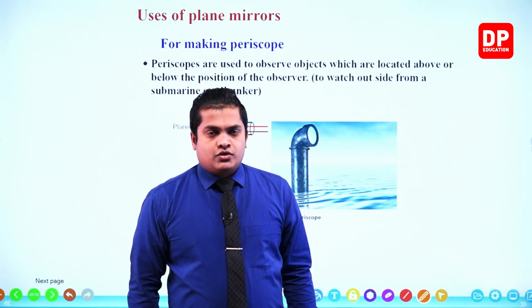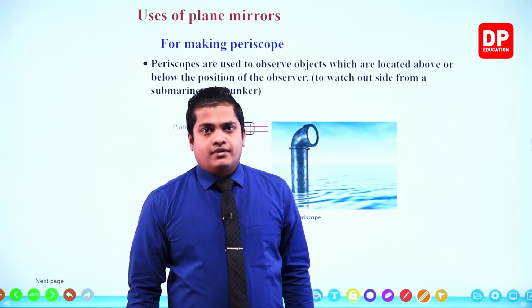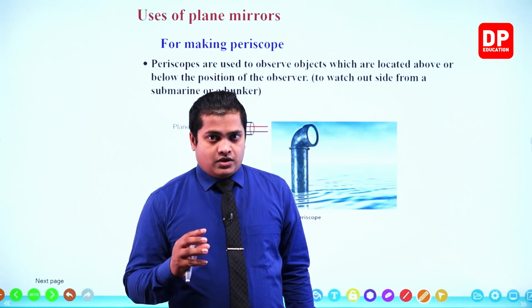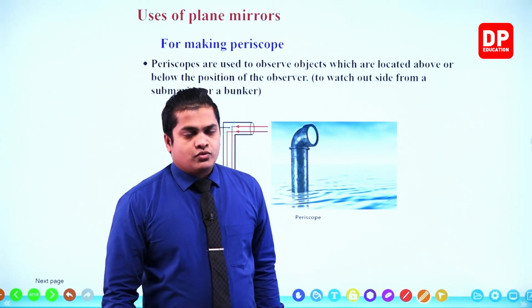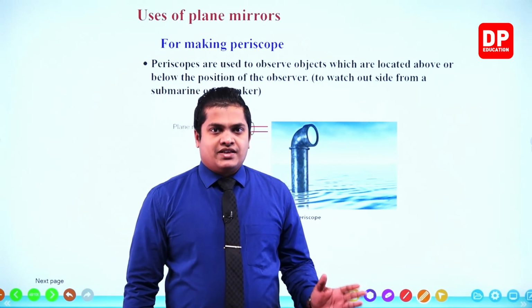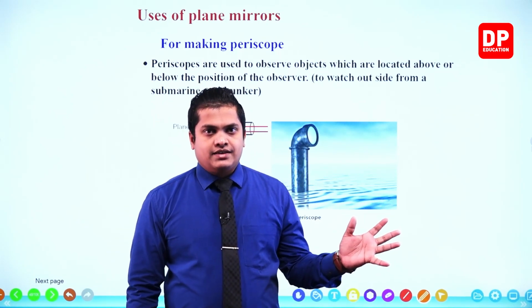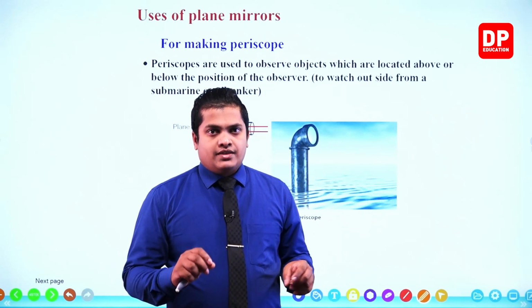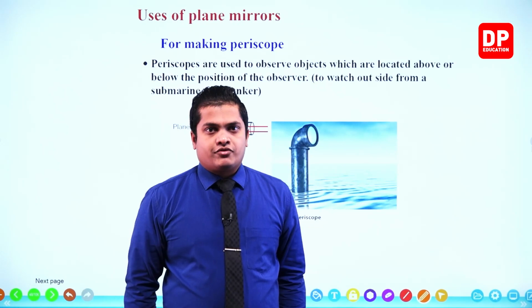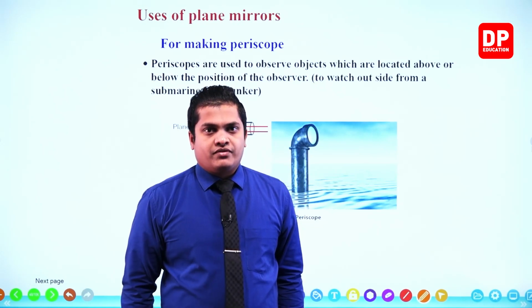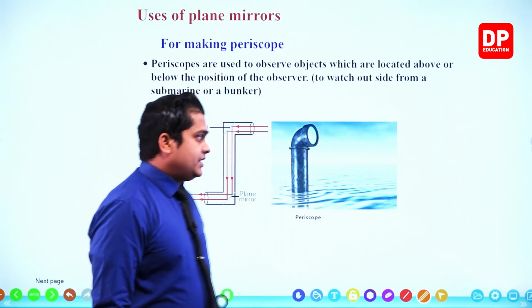Through an obstacle, we can observe the things by using the periscope. So what you have to do is just place the periscope at the wall, then observe from the other end. Clearly, you can observe without any trouble what is going to happen on the other side. So let's see the periscope.